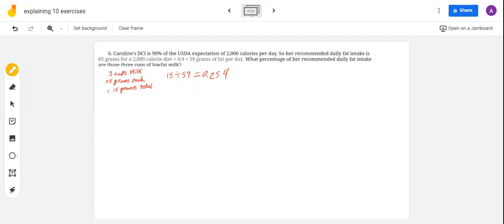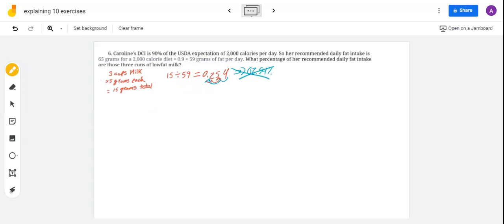If you went over 2 places from back here you would get 2.54%, which is not what you want.